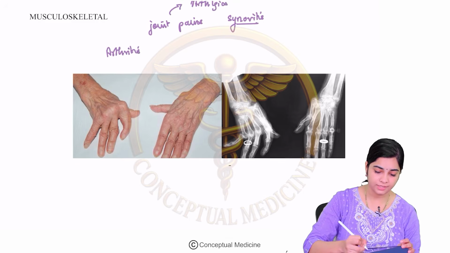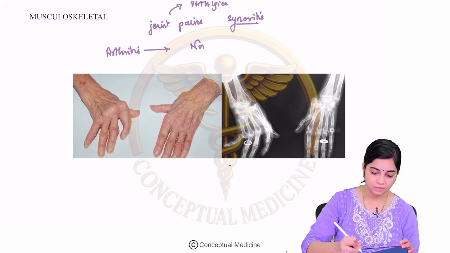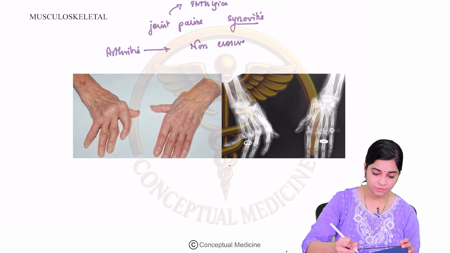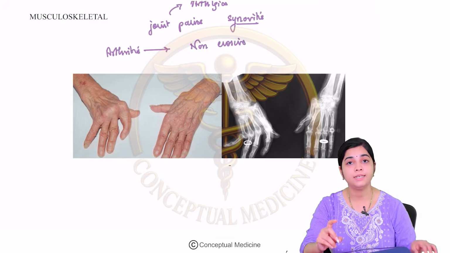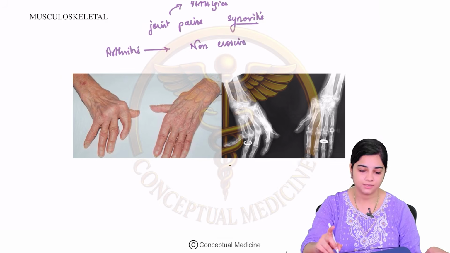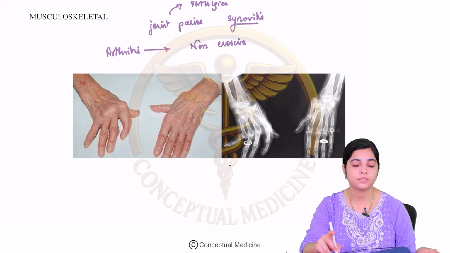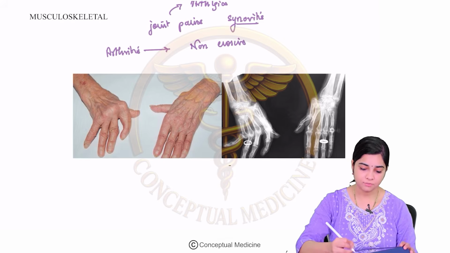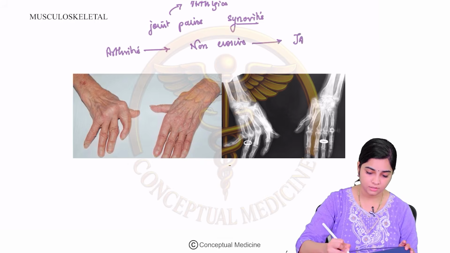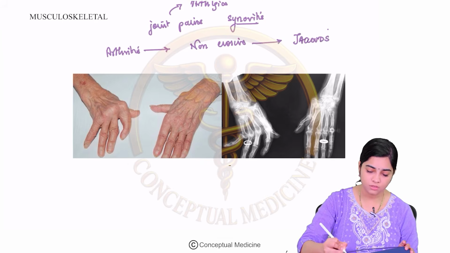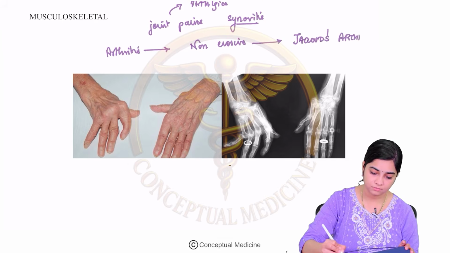You can have arthritis, but this arthritis is a non-erosive type of arthritis. This is highly different from rheumatoid arthritis, which is an erosive type of arthritis. So here you have a non-erosive type of arthritis, and this is what we call Jaccoud's arthropathy.